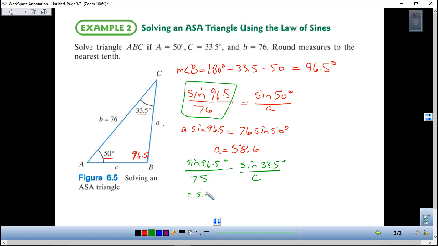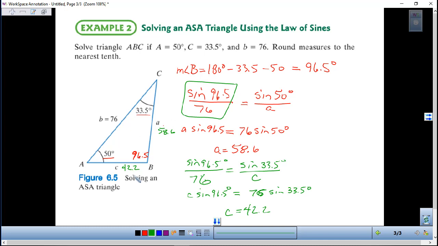So C times the sine of 96.5 is equal to 76 times the sine of 35.5 degrees. Then of course we'll divide both sides by the sine of 96.5 to find out what C is. And for that I get 42.2. So A is 58.6, C is 42.2.